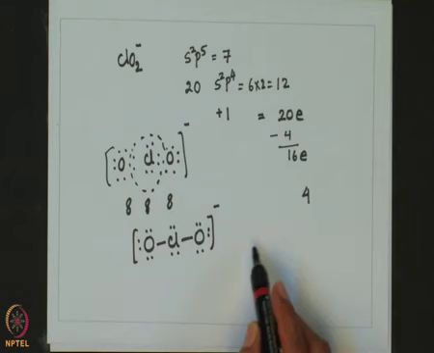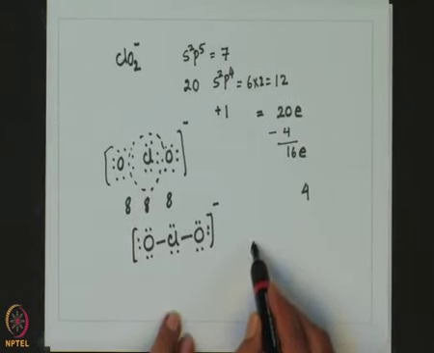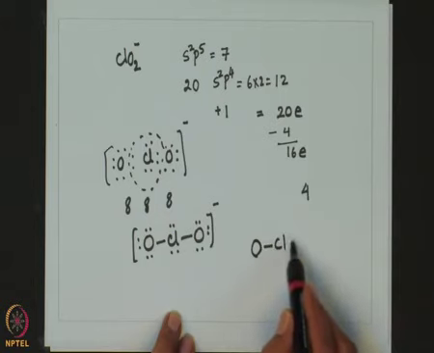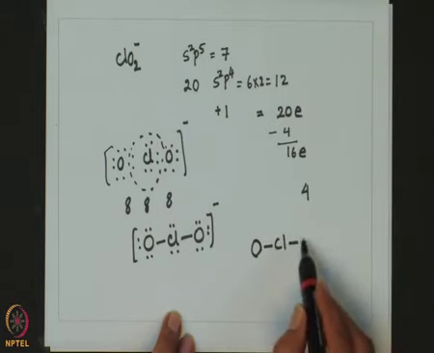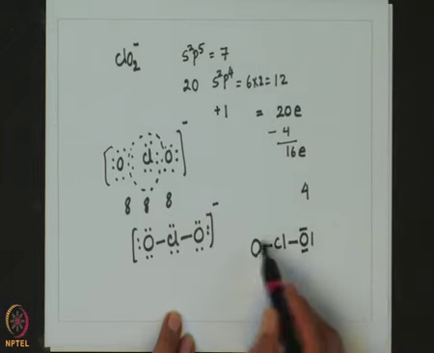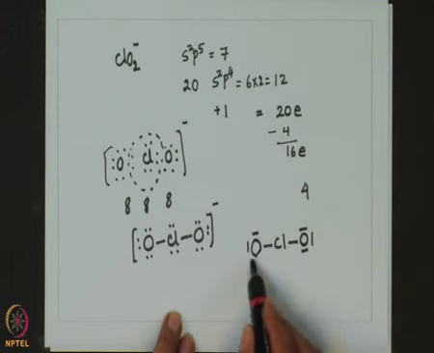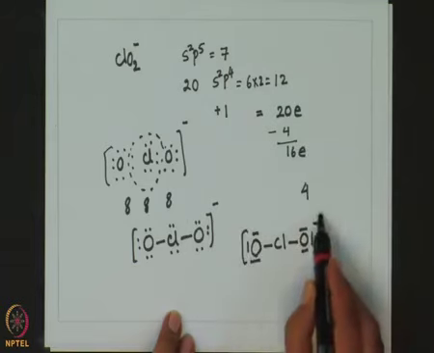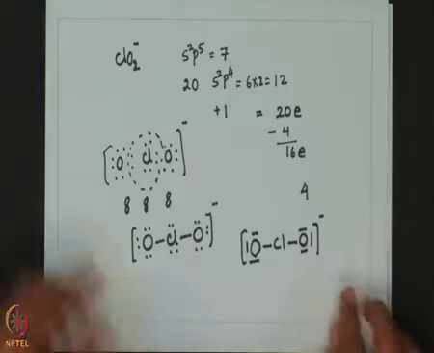Instead, one can also write in this fashion. Instead of writing 2 dots, one can also write a solid line like this. This also indicates the presence of 2 electrons. So, one can write the structure like this.